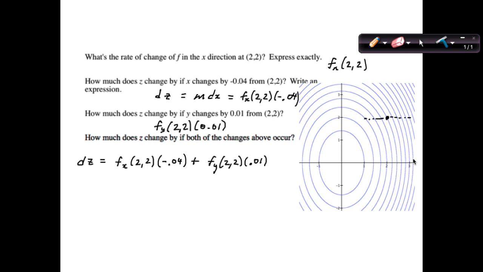The change of x of negative 0.04 and a change of y of 0.01 occurring simultaneously. Where would I be going from here? To the left and up. And in which direction am I going more? Yeah, so left a lot and up a little, right? To the left four times as much as going up, right? So something like this.